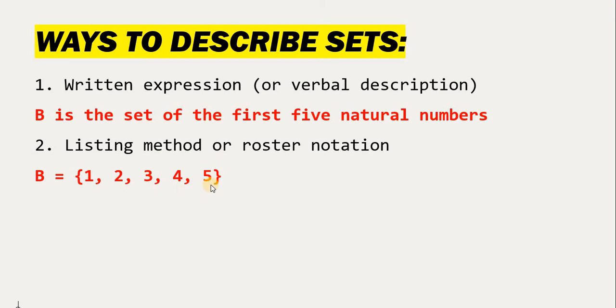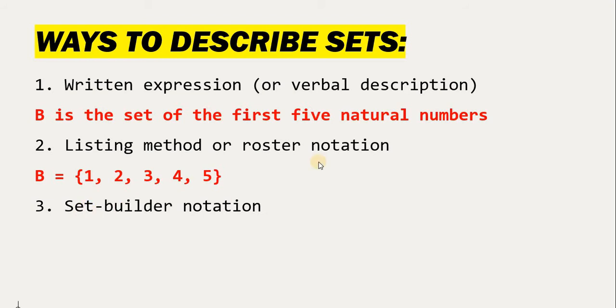Open and close braces. So, since ang set na tinutukoy ay first 5 natural numbers. When we say natural numbers, yun yung mga counting numbers. Diba? Same lang yun. So, 1, 2, 3, 4, 5. So, ito ay example ng set. Well-defined.